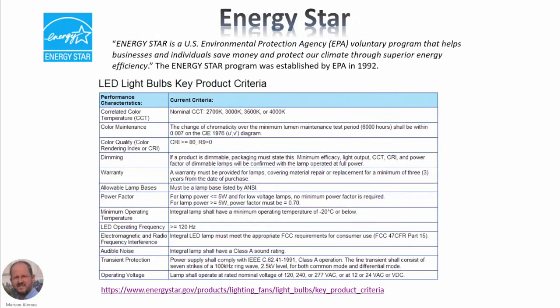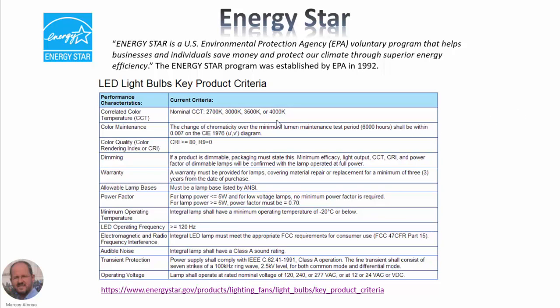Another interesting standard, so to speak, is the Energy Star, which is a voluntary program of the US Environmental Protection Agency, and it also proposes different characteristics for products like LED bulbs.